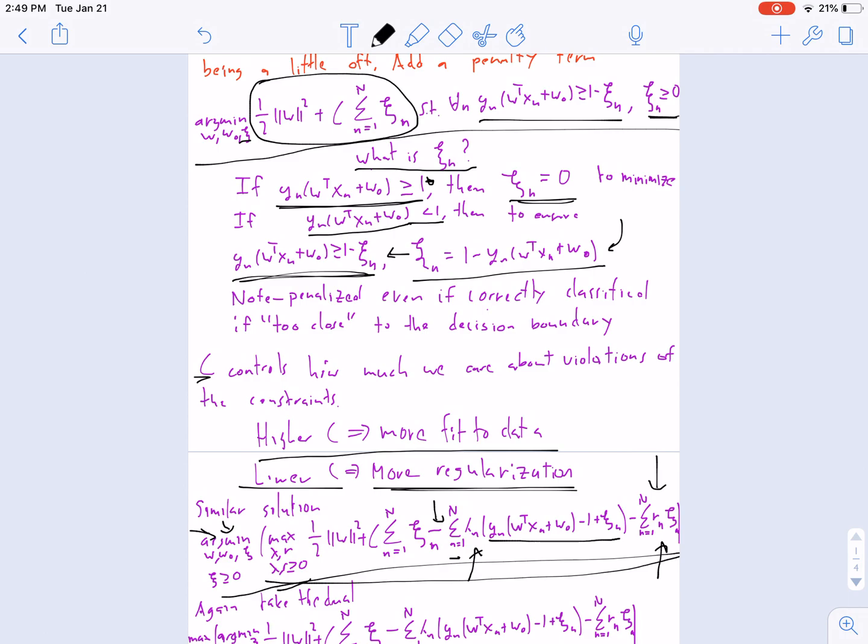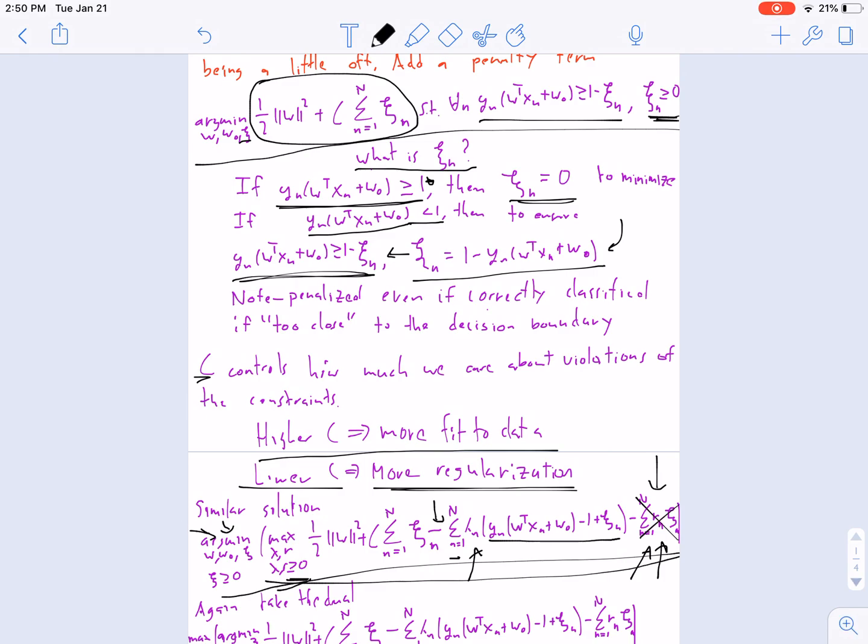Now, let's say the constraints are satisfied. Well, in that case, let's take the simpler constraint first. If the slack terms are all greater than or equal to 0, well, then since we're maximizing, and the RNs are restricted to be greater than or equal to 0, all the RNs will be 0, so this term will just go away.